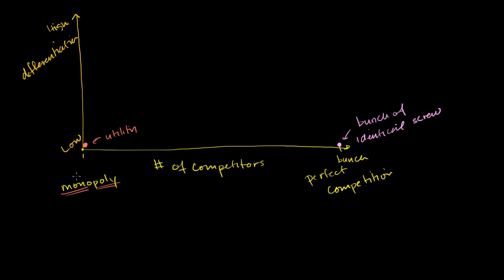Now there are things that are in between. So for example, if you thought about let's say the telephone providers in your area, there normally are a few people who can provide phone service, especially with the age of internet telephony. Now the cable companies are starting to provide phone service, and the telephone companies are starting to provide internet and cable service. So we could think of that market. So let's put this market right over here. So the number of competitors is low, so it's going to be here.